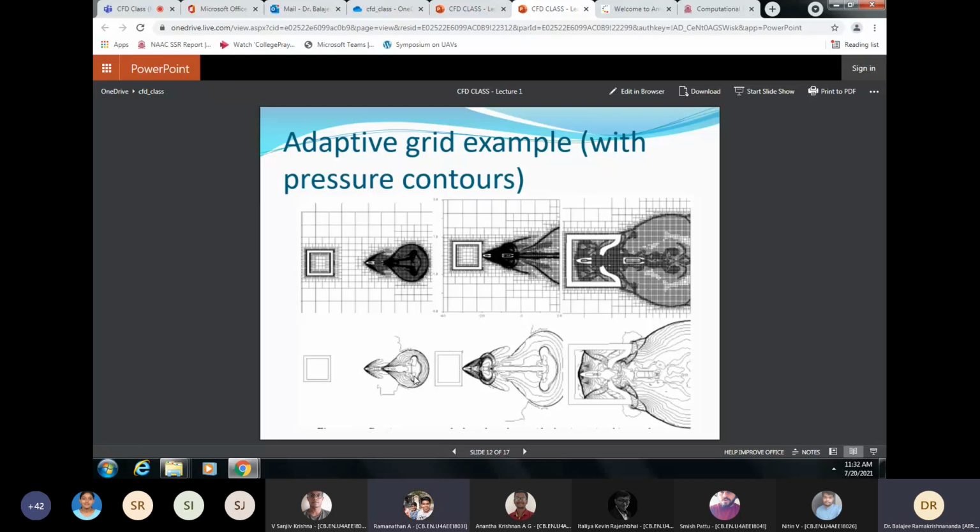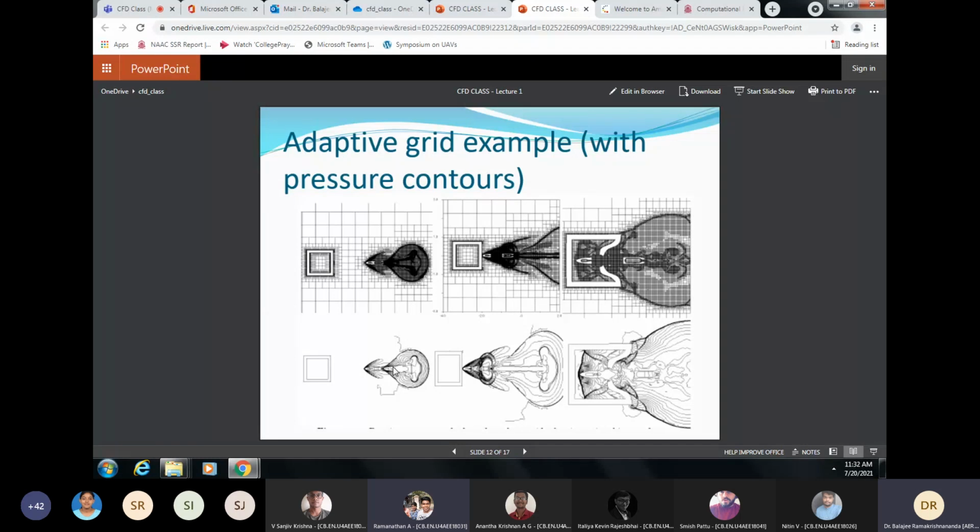The pressure distribution will change. Everything will change. So based on that, dou P by dou X or dou P by dou Y, wherever the gradients are more, near shocks, the gradients will be more, correct? Or near sharp corners or curvature, the gradient will be more.